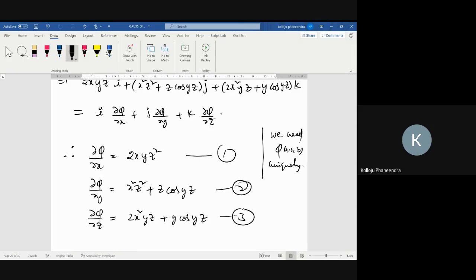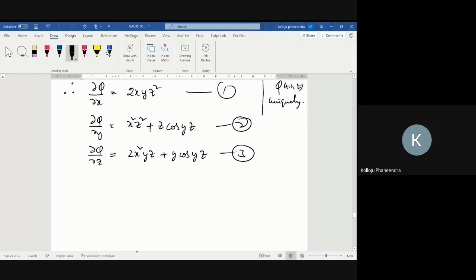This is important. Integrating, this is ∂φ/∂x. So to get φ, integrate 1 with respect to x, treating y and z as constants.